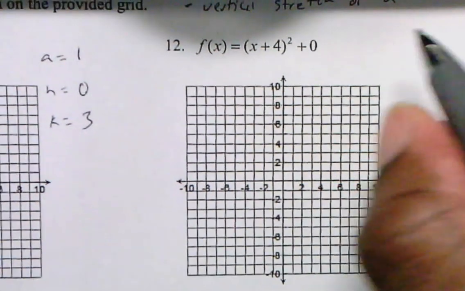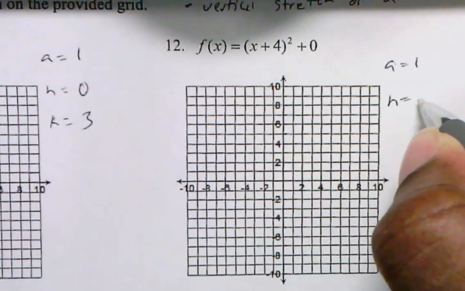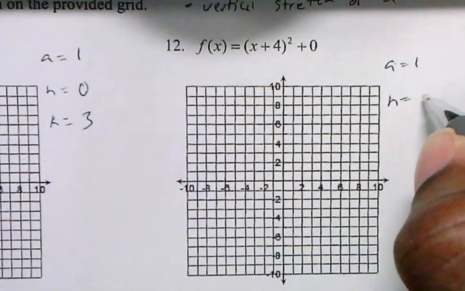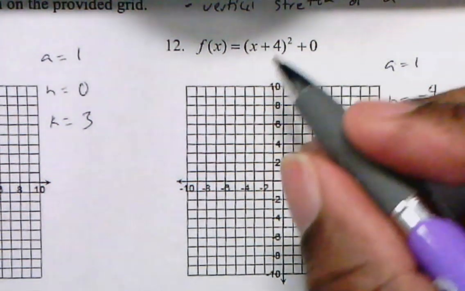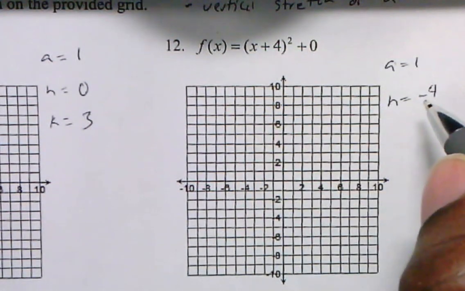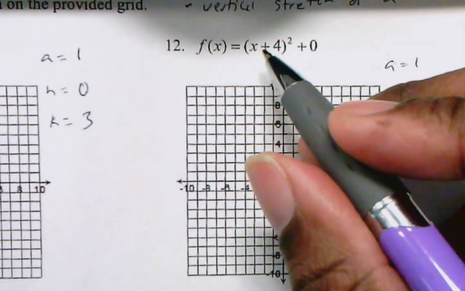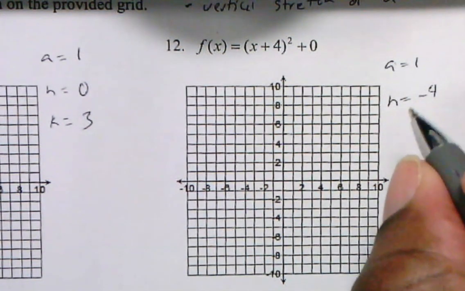On to number 12. Looking at this, I know A again is 1. H is, in this case, because it says plus 4, I know H must have been a negative, because you get the opposite of that sign. So if that says plus 4 in parentheses, it's subtract negative 4 here. Basically, because the formula has subtraction, it'd be subtract the negative, and that's why it gets the opposite sign.